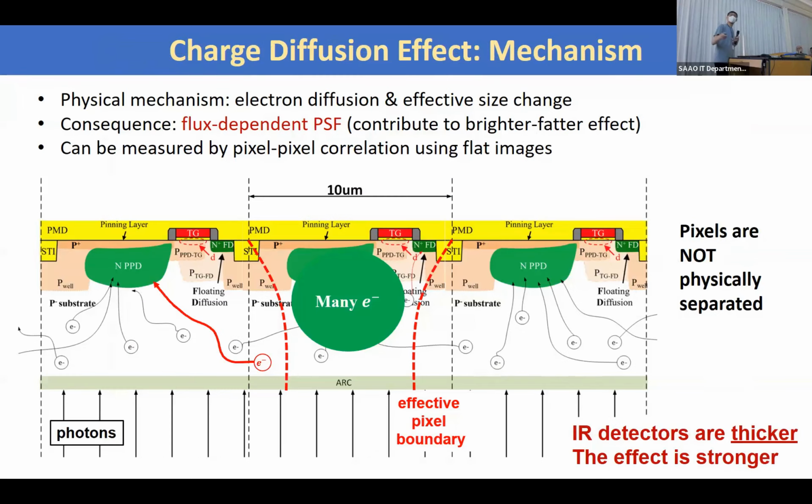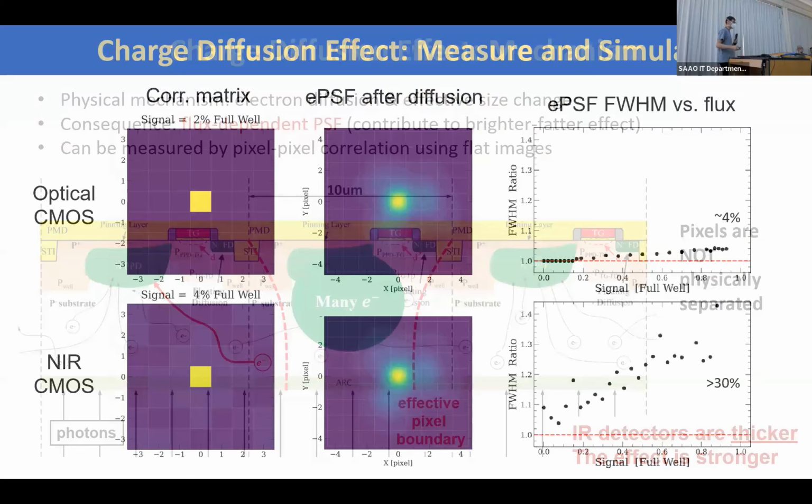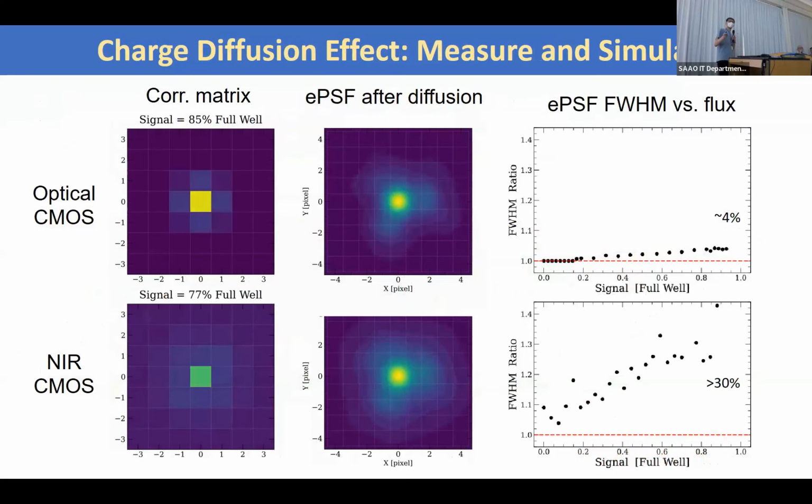But to some degree, this effect can be measured by pixel-to-pixel correlation using flat field images. So here I show the measured correlation matrix of both optical CMOS and our, well, not necessarily near infrared, but to some degree, red sensitive CMOS. You can see these two are quite different.